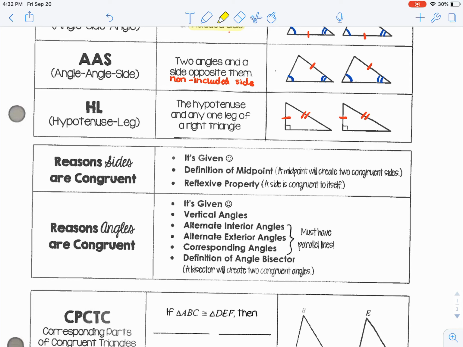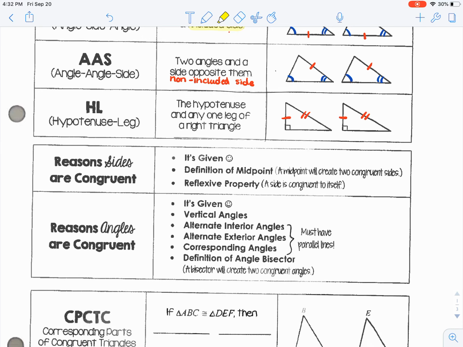Another reason is by definition of midpoint, because a midpoint splits a segment into two congruent segments. And remember, sides are segments. Another reason is a reflexive side, or a shared side amongst two triangles. Side is congruent to itself.